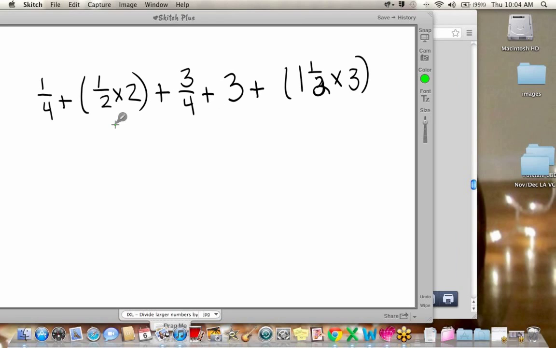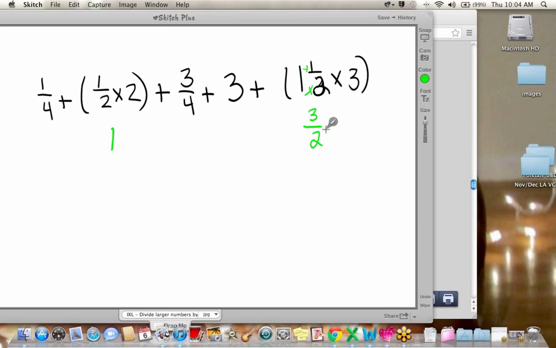So what's 1/2 of 2? Hold up your fingers. What's half of 2? Yeah, 1. So I'll just change that. That's a 1. Okay, so now I have 1.5 times 3. That might be a little more confusing, so let's do magic circle time. 2 times 1 is 2, plus 1 is 3.